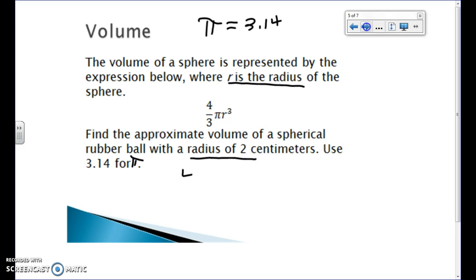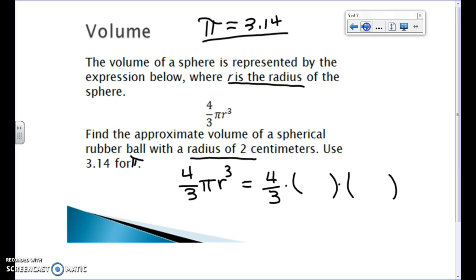Okay, so I'm going to take this expression, 4/3 pi r cubed, and I'm going to substitute in two things. The first thing I know that pi can be substituted for is 3.14. So I'm going to write it as this, 4/3 times something for pi times something for the radius to the third power. And for pi, I'm going to put in 3.14.